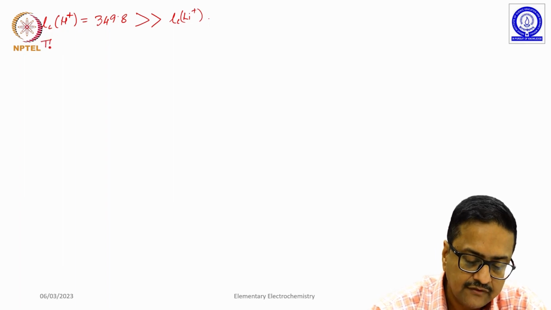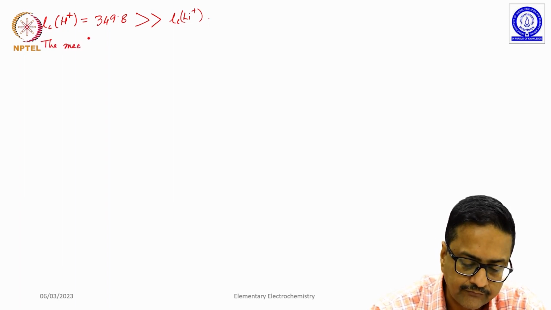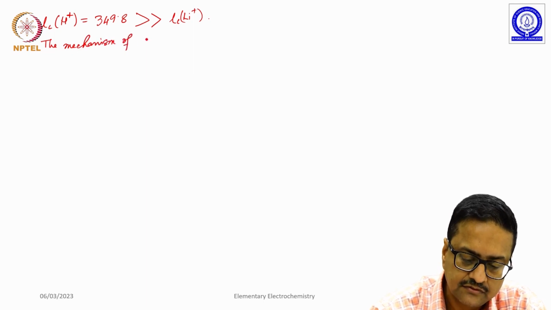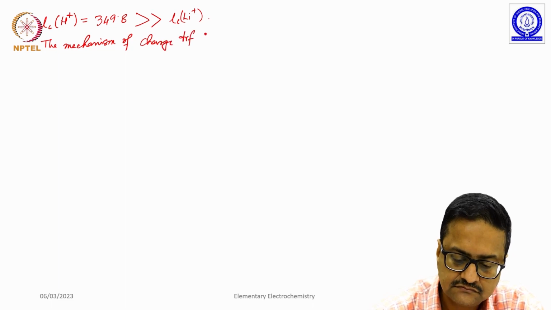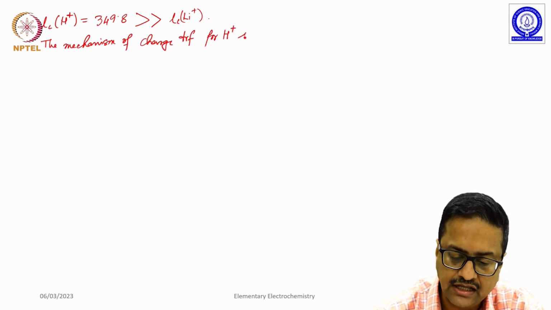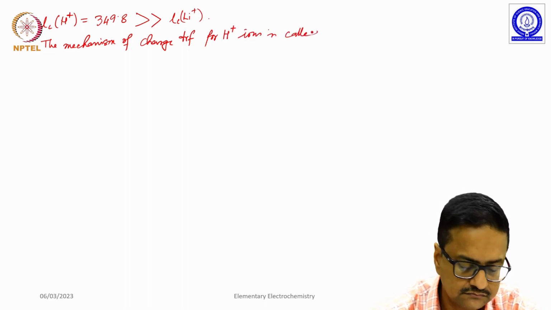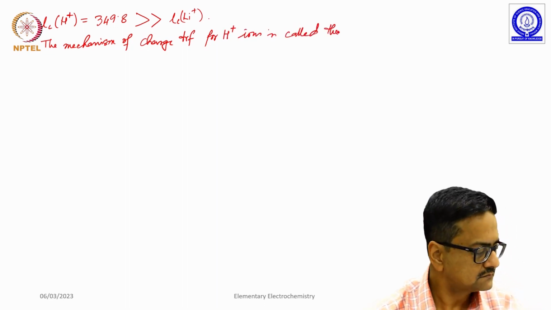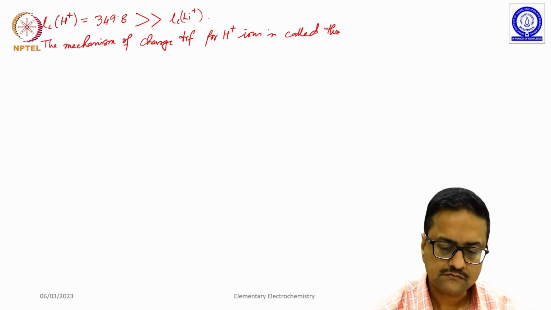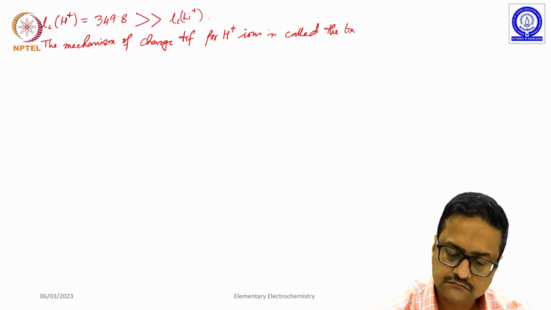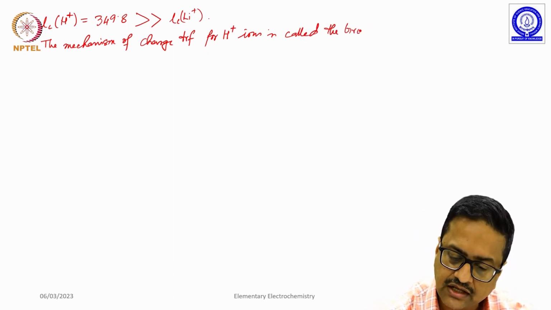The mechanism of charge transfer for H+ ions is called the Grotthuss mechanism.